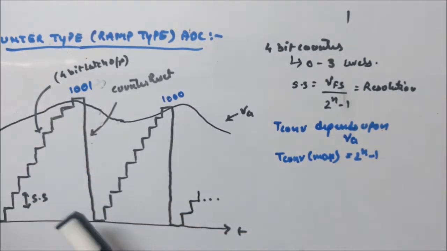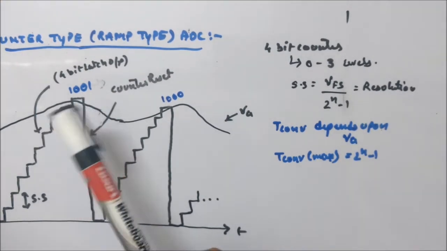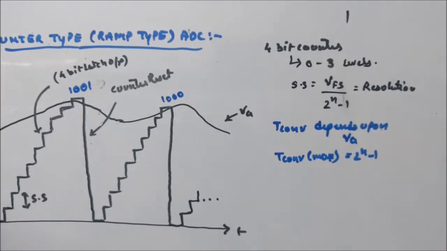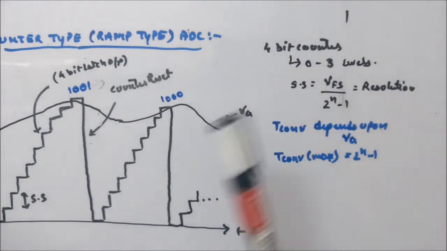That will be the output of the latch, the corresponding digital equivalent of your message signal, whatever VA you are applying at the input.